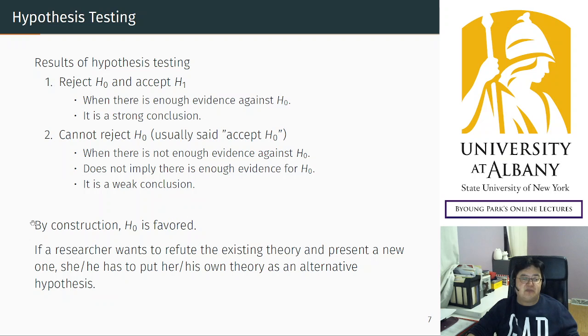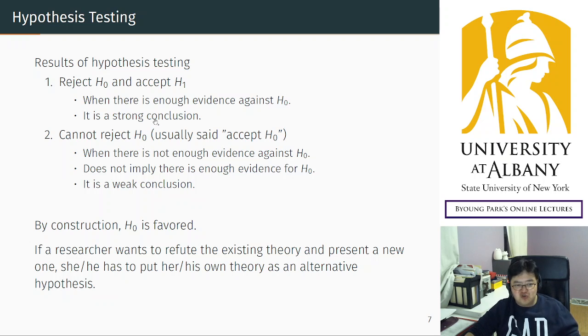So as I said, by construction, H0 is favored, and by construction, rejection is a strong conclusion. So a researcher wants to refute the existing theory and present my own theory, and wants to make it strong.